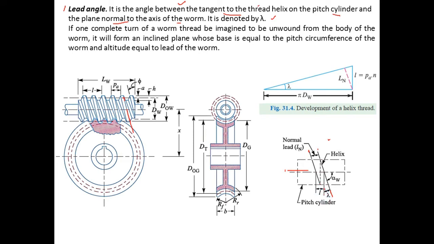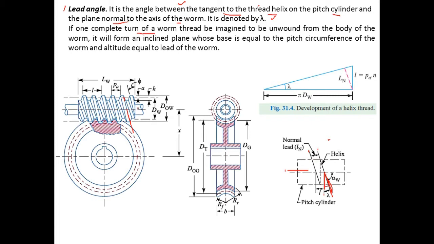This line is perpendicular to the line which is normal to the axis. So this line is tangent to the helix.